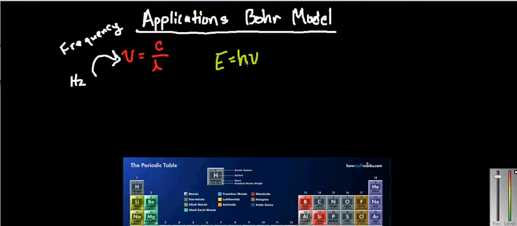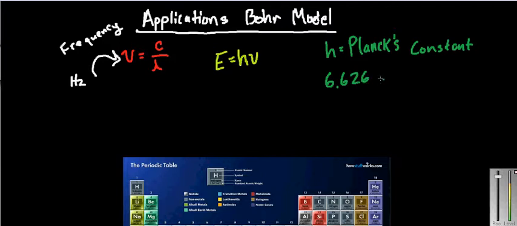This h is just a constant, and it's known as Planck's constant, named after the father of quantum mechanics. And it's okay if you can't remember this because it's kind of a complicated number, it is 6.626 times 10 to the negative 34th, and I believe the units are kilograms times meters squared over seconds squared.